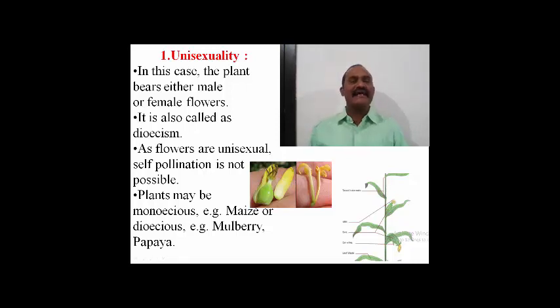As flowers are unisexual, self-pollination is 100% avoided. Plants may be monoecious like maize, or dioecious like mulberry. In maize, a single plant may produce male and female flowers at different locations, and in mulberry and papaya they are produced on different plants.